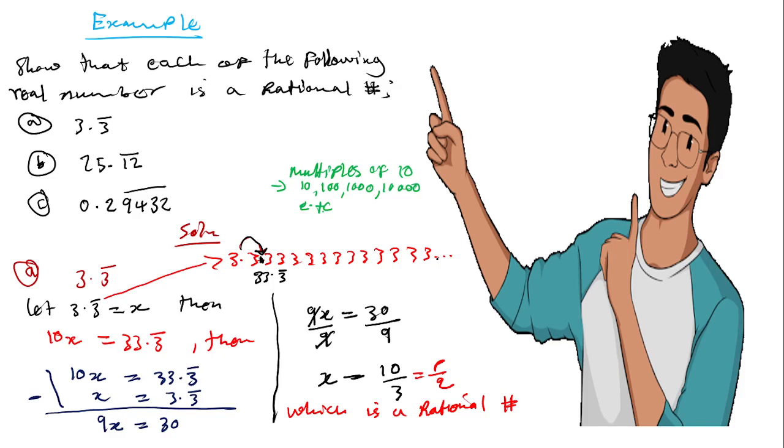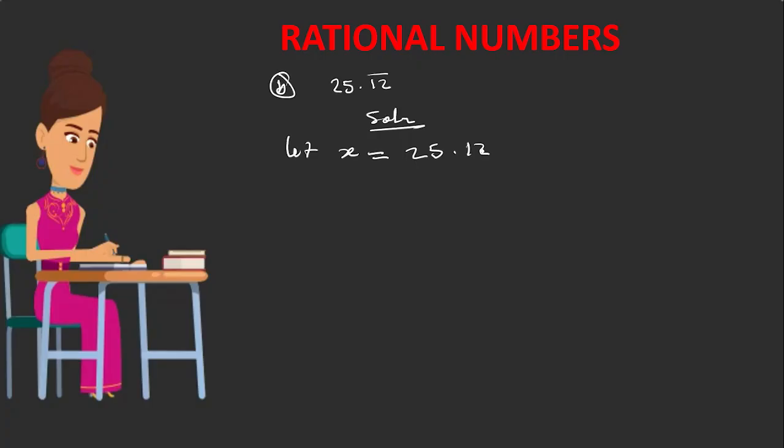So easy, you do it easily. You say let x be equal to 25.12 bar. Then Taonga, tell me which number are we going to multiply it by? 100. Correct.